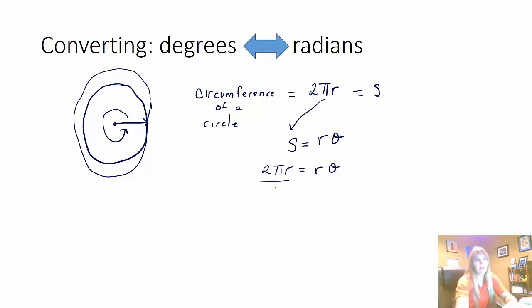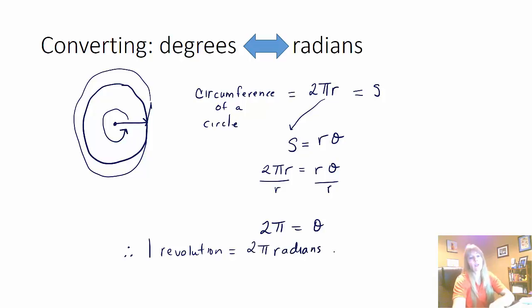I can divide both sides by R. So this is how I get 2 pi. So in other words, therefore, 1 revolution equals 2 pi radians, which also equals 360 degrees.